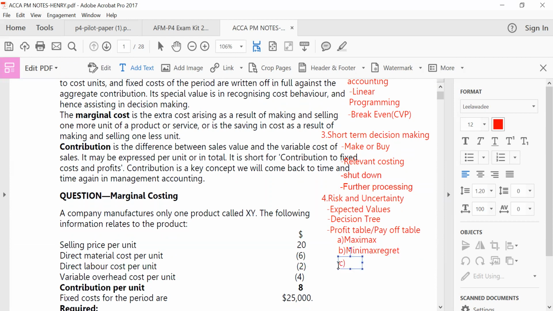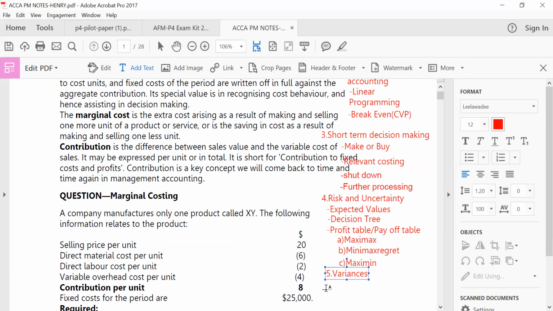So how can you minimize your regret? We can talk about maximin criteria, right? So these are also beautiful issues that we need to look at. Risks and uncertainty.